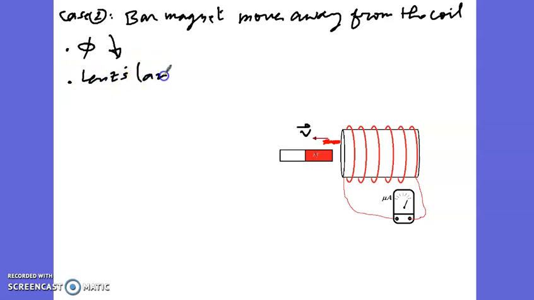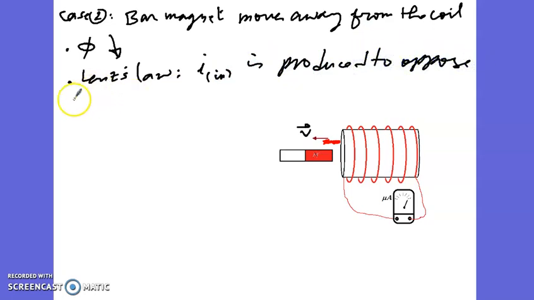I induced is created or produced to oppose this decrease of flux.